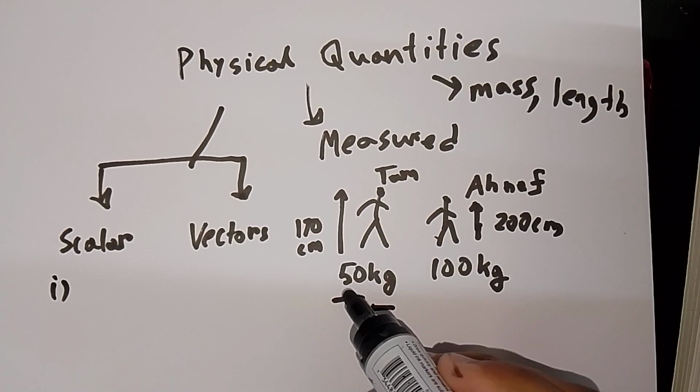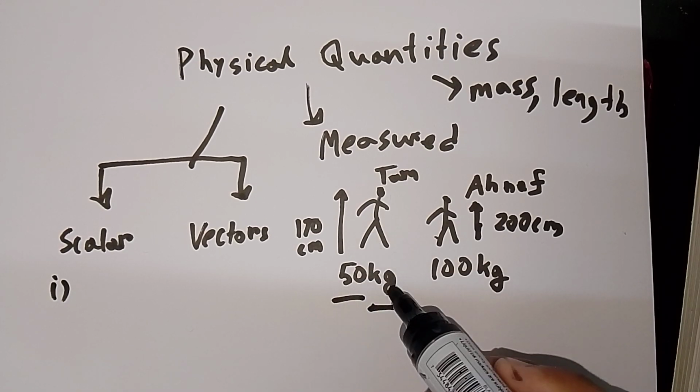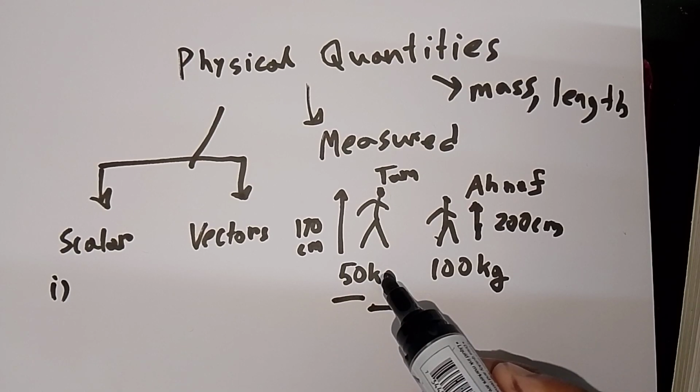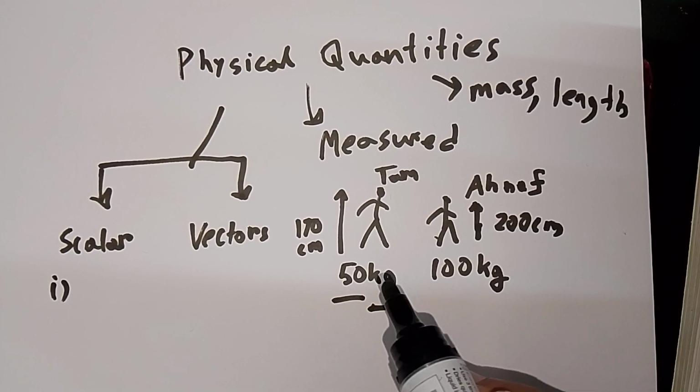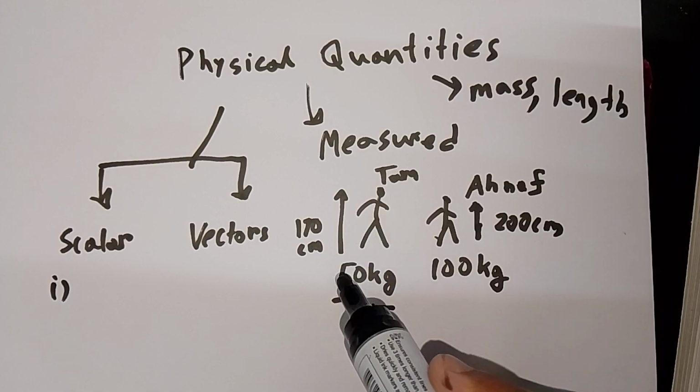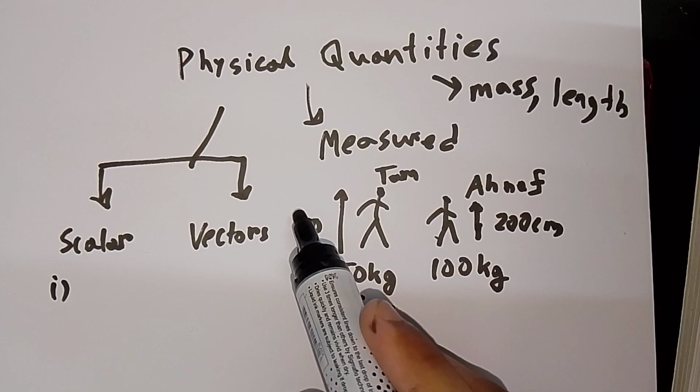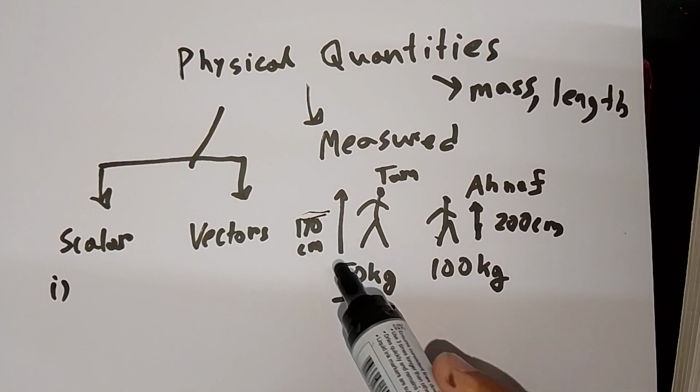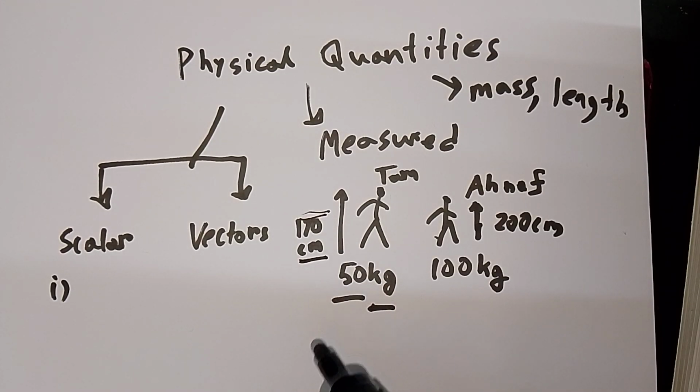For example, here we just said his mass is 50 kilograms. We don't need any more information for specifying his mass here. Similarly, with length, we only needed to specify a number or a magnitude and a unit here.